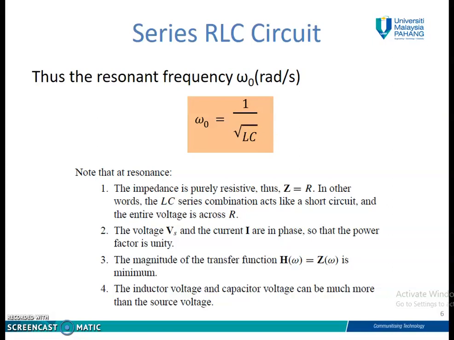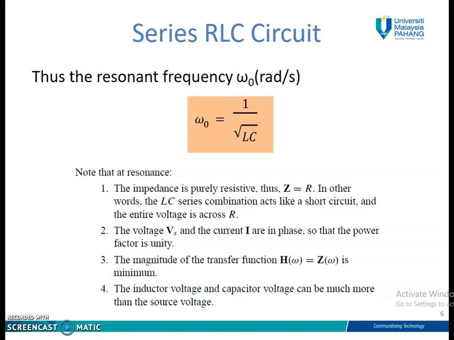Thus, Z is equal to R, since the imaginary part of the transfer function is equal to 0. In other words, the LC series combination acts like a short circuit, and the entire voltage is across R. Second, the voltage Vs and the current I are in phase, so the power factor is unity.